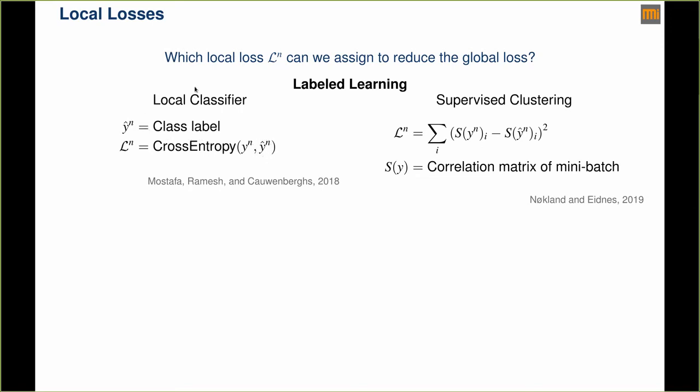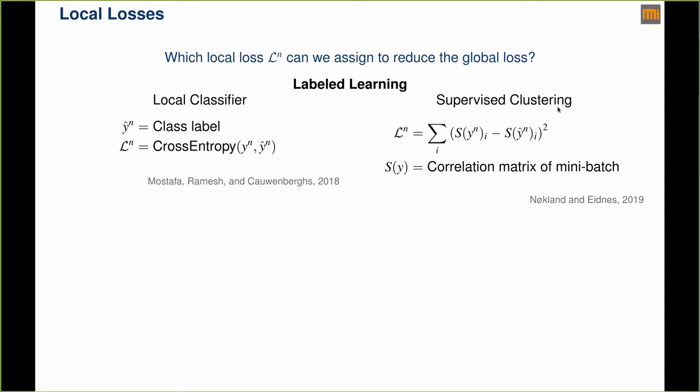That's what I mean by local classifier. This idea is also sometimes called greedy supervised learning. It works well, at least in some small neural networks. This has been quantified in artificial neural networks and also in spiking neural networks now in our work.